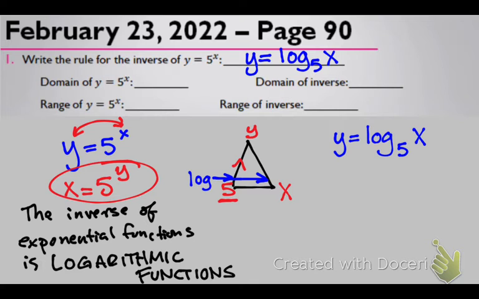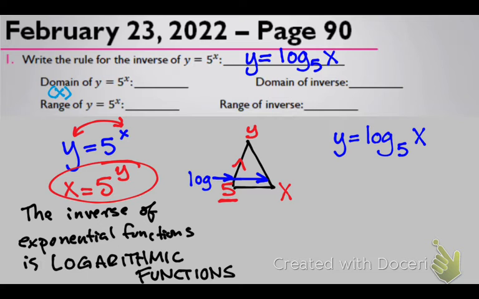Now it asks us to find the domain and range of our original function. What does our domain represent? What are we talking about when we say domain? Yeah, our x's. Exactly. So our x values for y equals 5 to the x, what would that be?